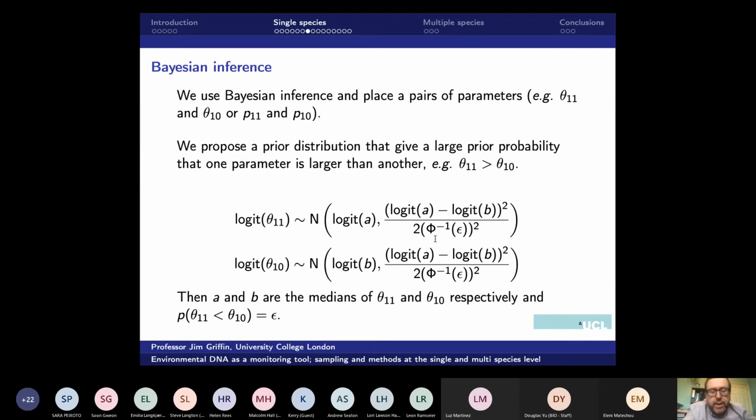By changing the variance, we can control the probability that we get θ11 greater than θ10 or θ11 less than θ10. So this prior is parameterized by three things: A and B, which control the prior median of the true positive and false positive rate, and also the probability that the true positive rate is less than the false positive rate. We're going to choose this epsilon to be fairly small to encode that we believe that the true positive rate will be larger than the false positive rate.